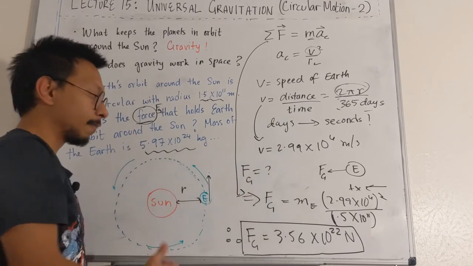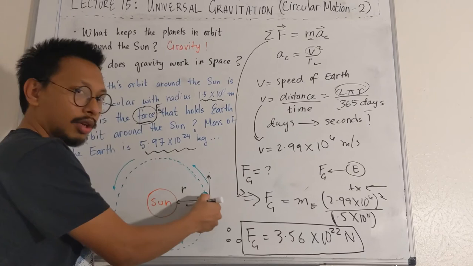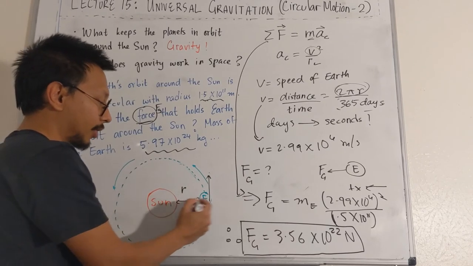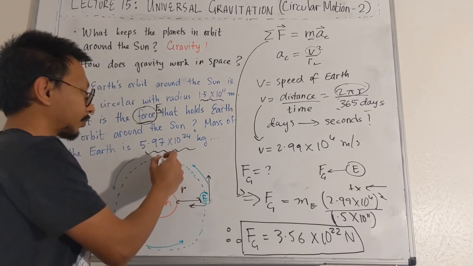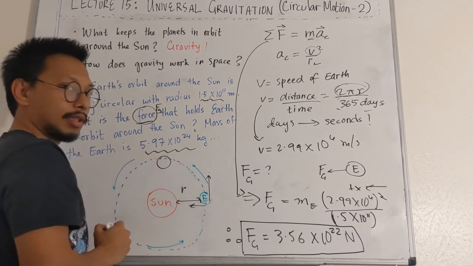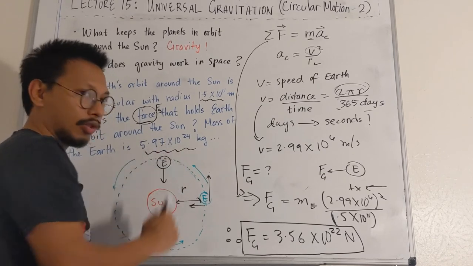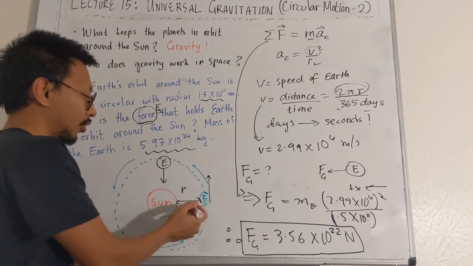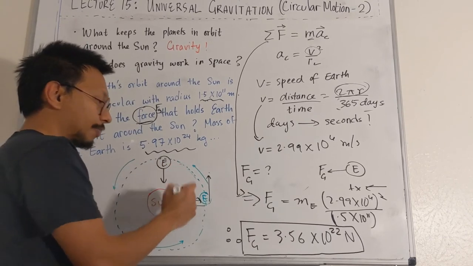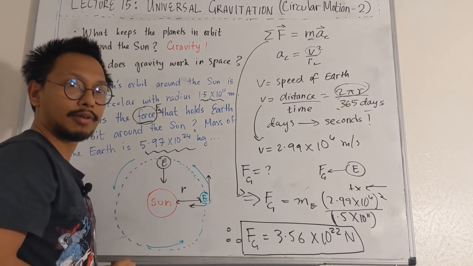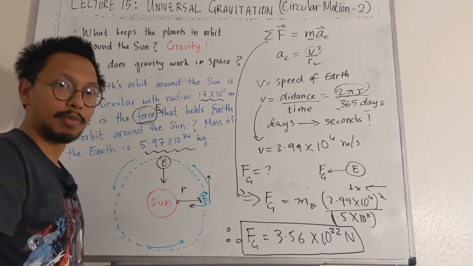So at any point in the circle, no matter if the Sun and Earth are horizontally displaced, the force will be directed towards the Sun, and if it's at this point, the force will be vertically downwards directed to the Sun. Regardless of the Earth's position, the force will always be pointed towards the center. Okay, so those are the two things that we wanted to notice about this problem.